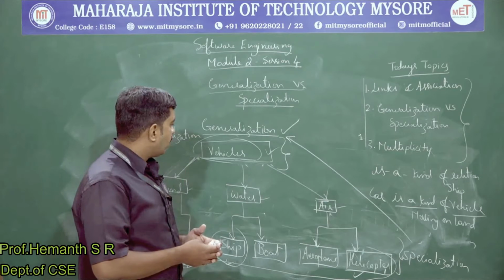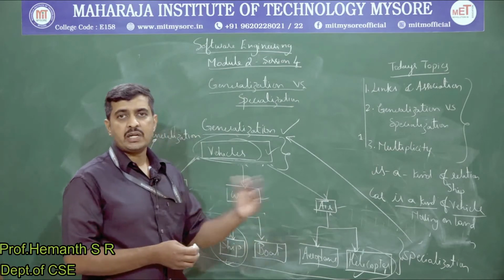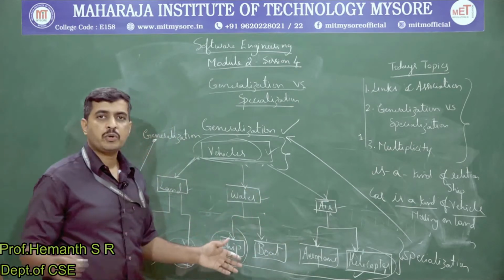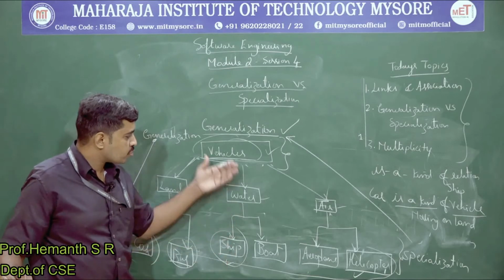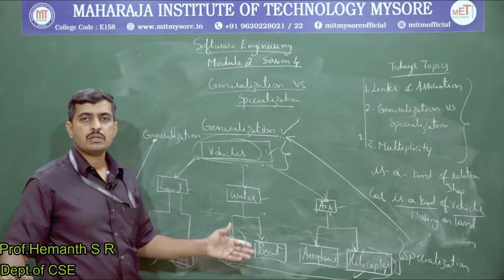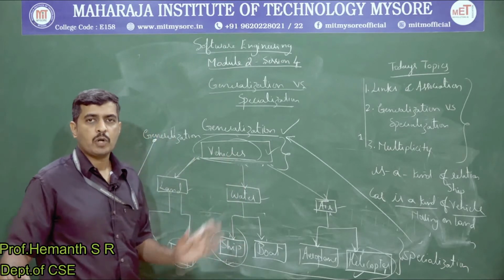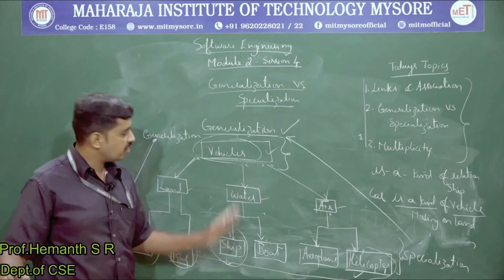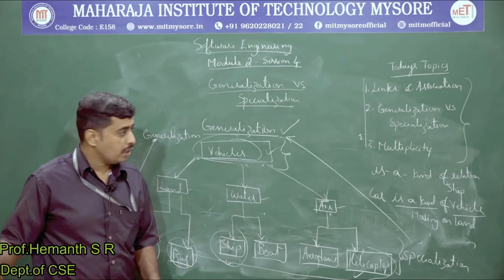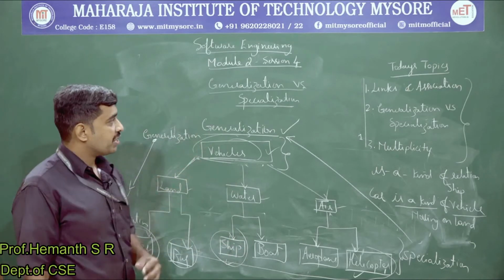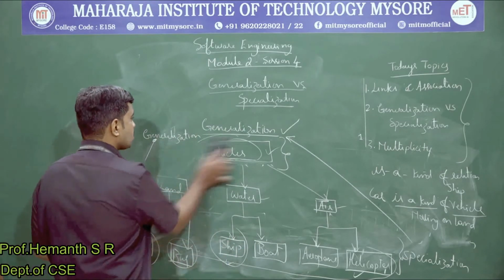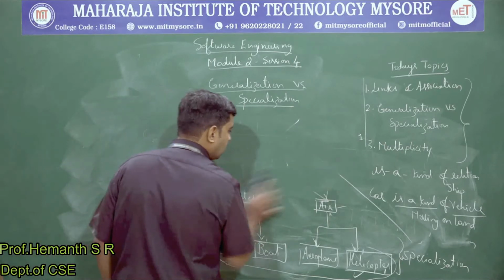In either case, the properties and attributes are carried from a superclass to a subclass, or vice versa, from a subclass to a superclass. Properties and attributes which are common will be carried. So this was the very first topic under discussion.